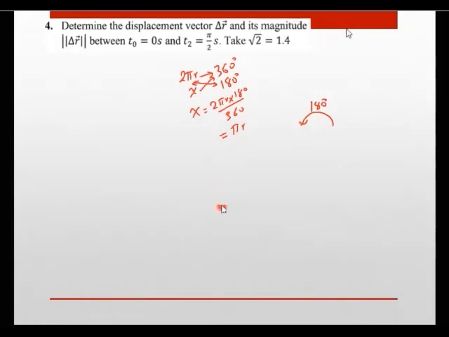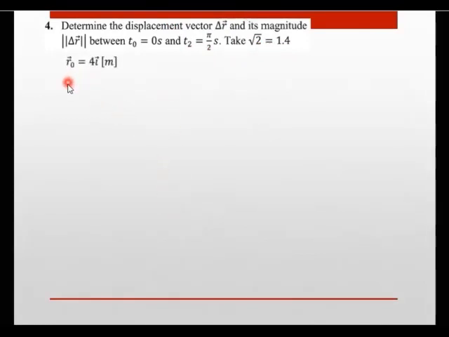Part 4. Part 4, he asked me to determine the displacement vector, delta r, and its magnitude between t0 and t2. He said take radical 2 to be 1.4. I will start solving.